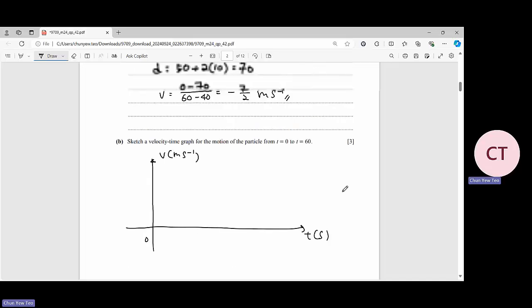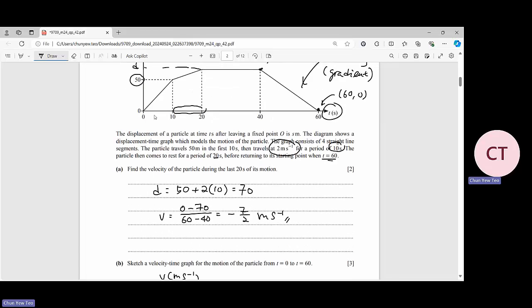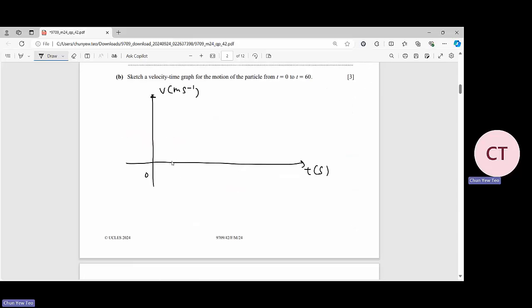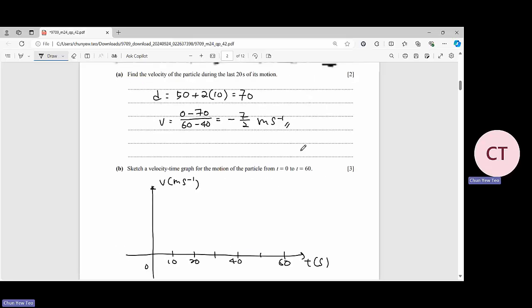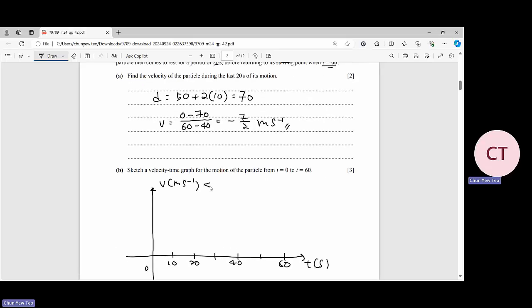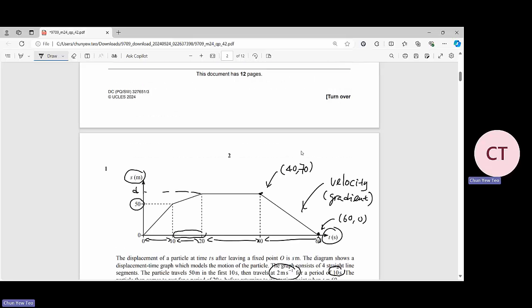So I have 4 stages over here: 0 to 10, 10 to 20, 20 to 40, and 40 to 60. So we have 10 seconds, 20 seconds, 30 seconds, 40 seconds, 50 seconds, and 60 seconds. Then we know that the V over here is representing the gradient.